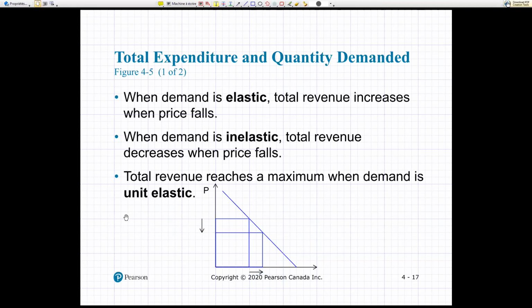So price dropped 7%, quantity increased 7%. So from this revenue to that revenue, what's the net change?